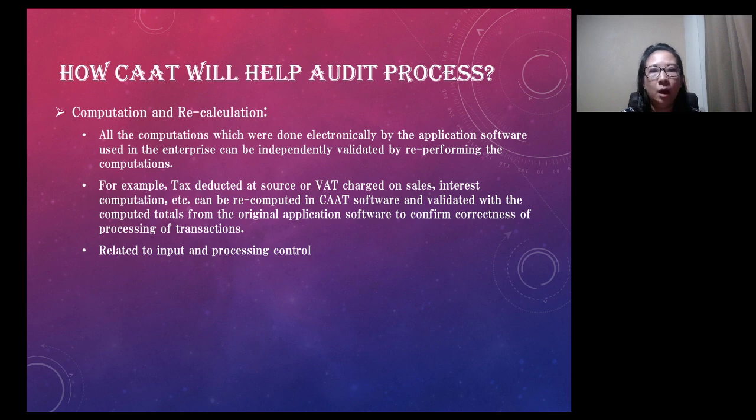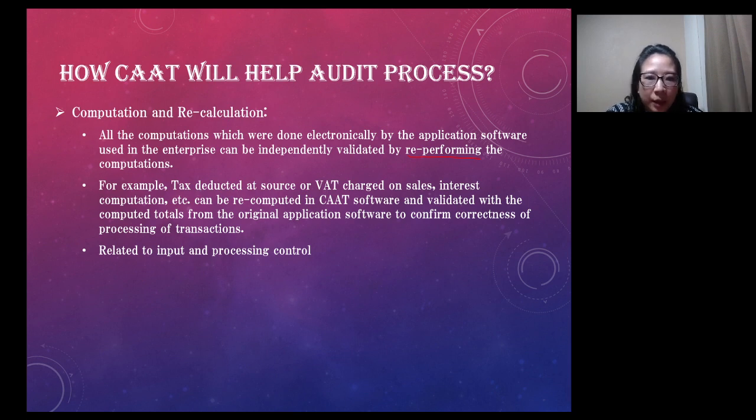Okay, so the computation and recalculation tools will help us to reperform. The system will recalculate and then check whether the result is correct or not.